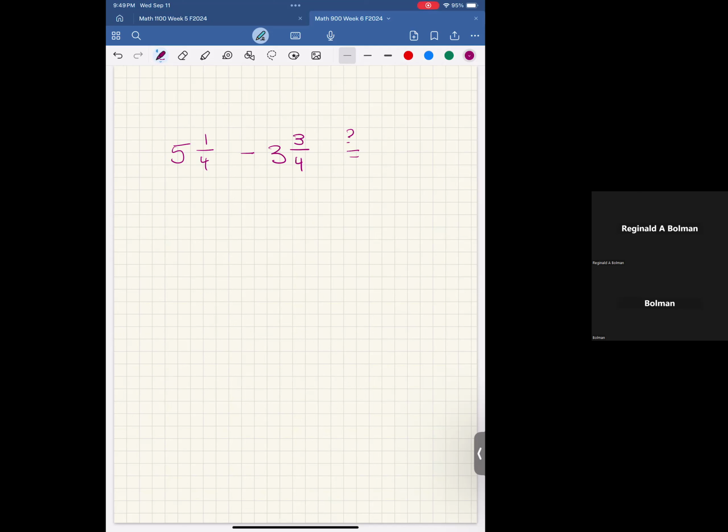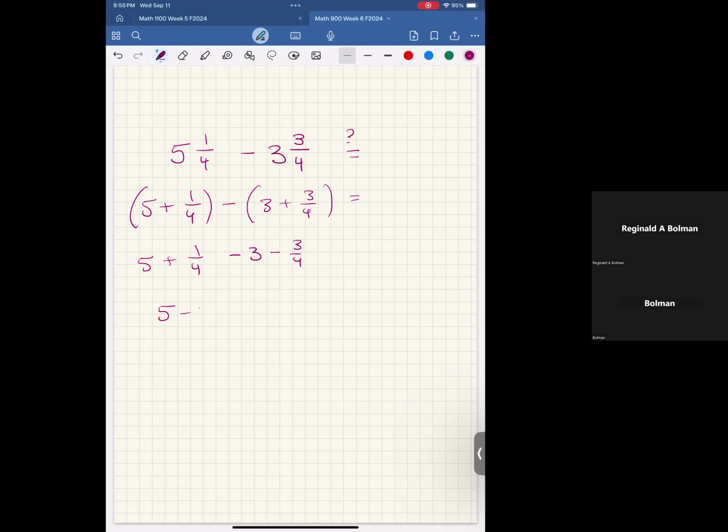Okay, so algebraically, you should write out 5 plus 1/4. And of course, we're subtracting from this 3 3/4. After accounting for the subtraction symbol, you'll be subtracting out the 3/4 and the 3, and you'll have 5 plus 1/4.